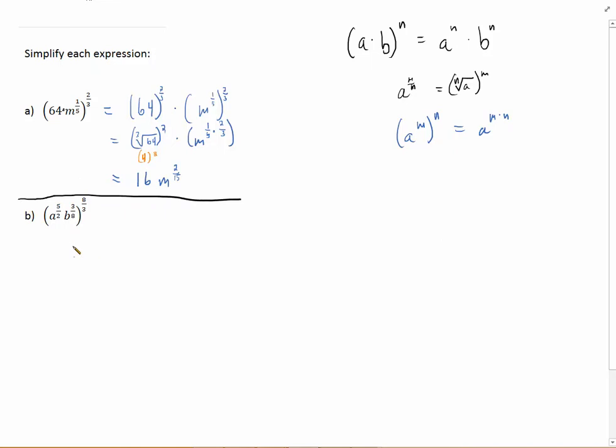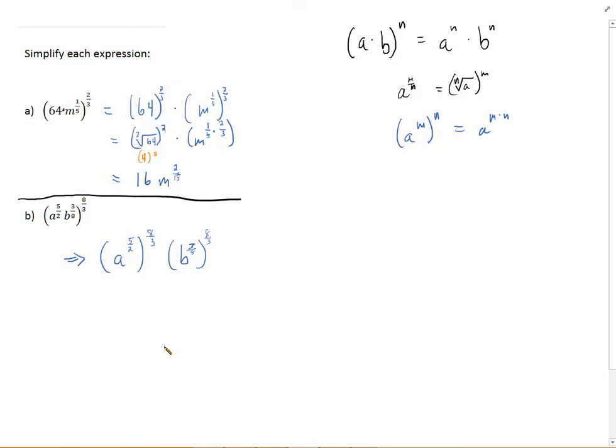On exercise B, we have the expression a to the 5/2, b to the 3/8, all raised to the 8/3 power. So again, using our product property for exponents, this would be a to the 5/2 to the 8/3 times b to the 3/8 to the 8/3.